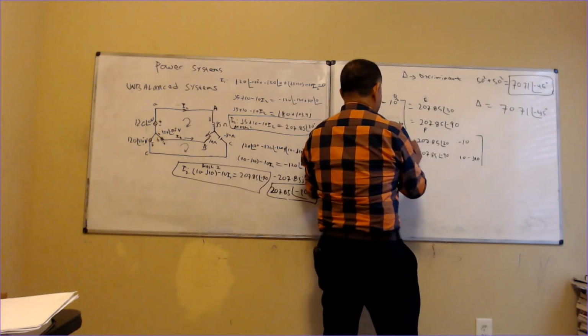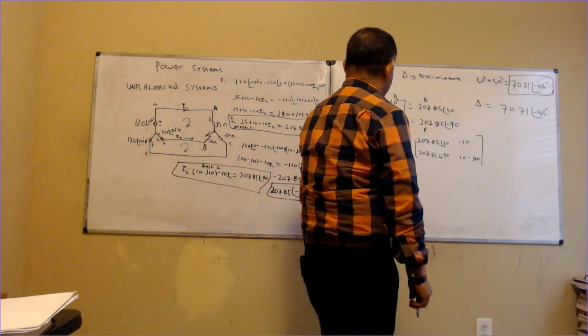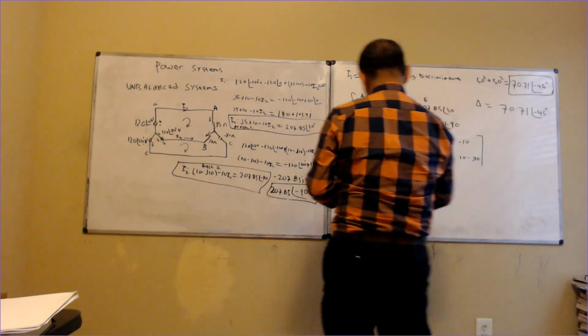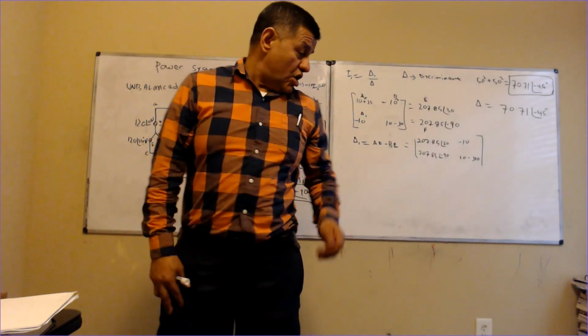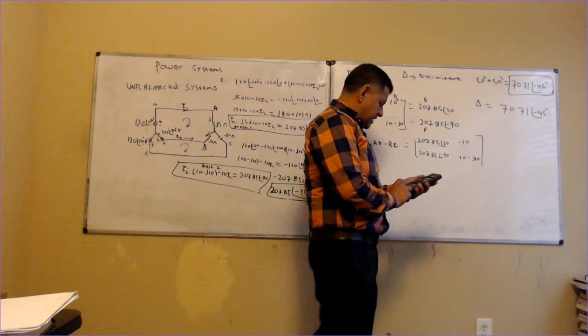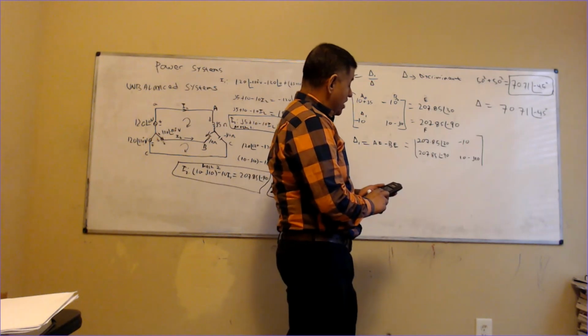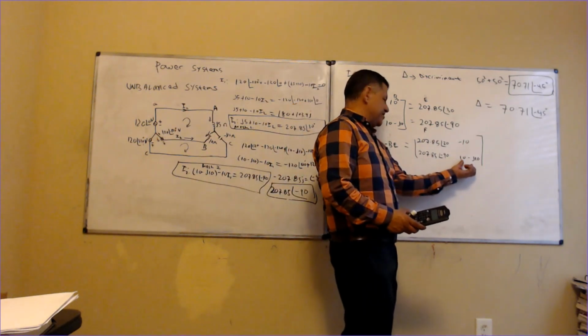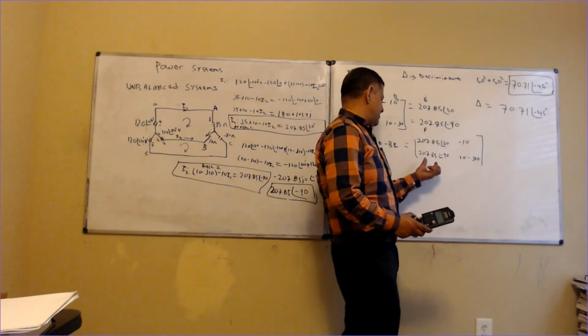So, all right, let's knock those out and see what we get. If you take the calculator, you can do it by hand. You can convert this to rectangular, and you can do all this bunch of math.